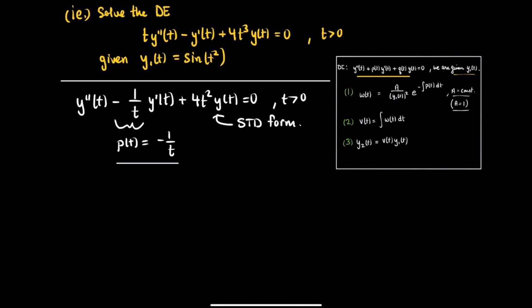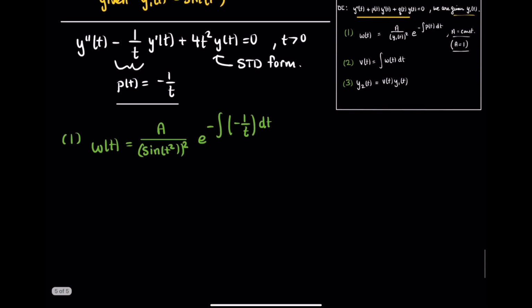All right? And from here we do the first step, and that is find w of t. And again, we just leave the a. Then this becomes sine t squared to the minus 2 times e to the minus integral of p of t, which is negative 1 over t dt. I'm just going to leave the a as a for now.